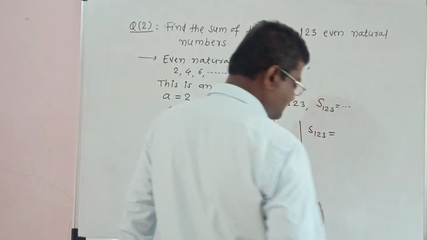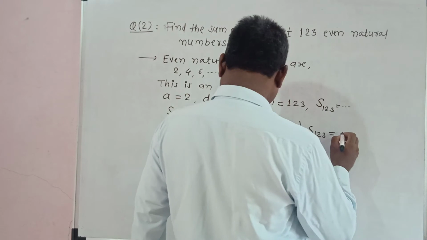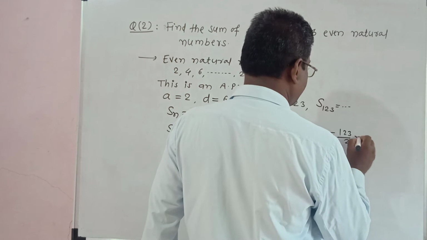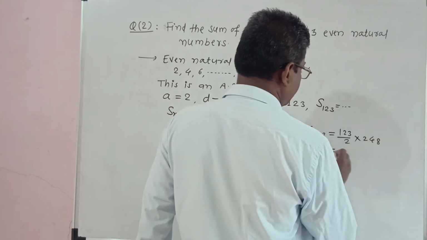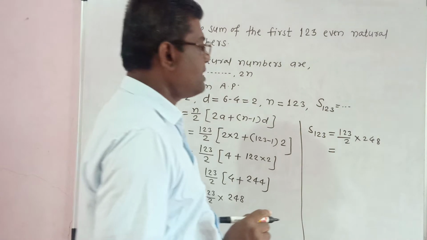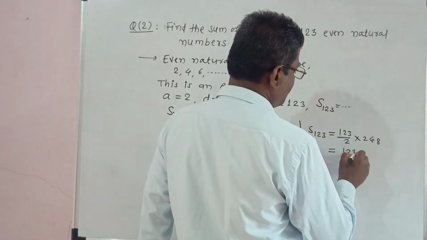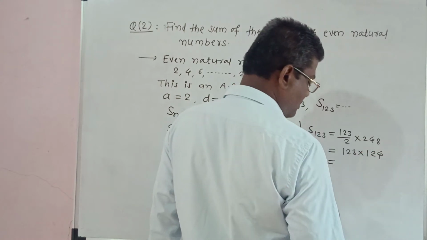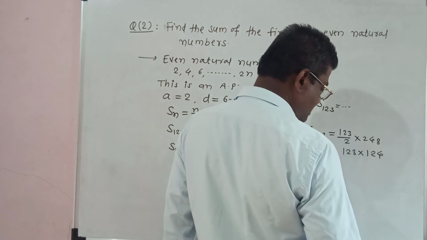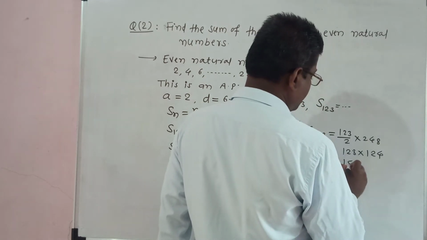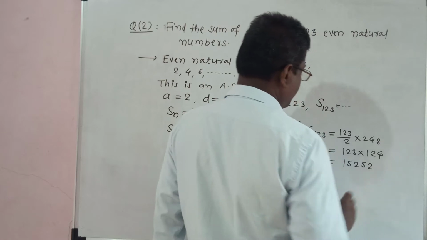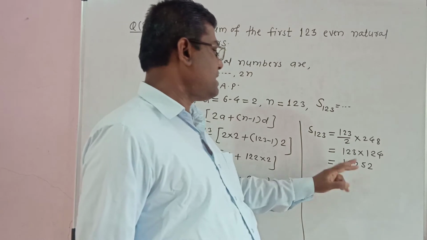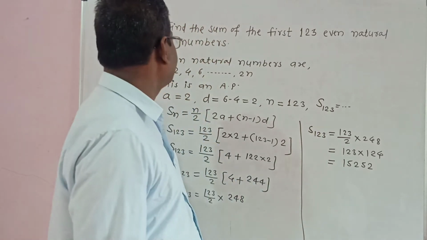S123 is equal to 123 upon 2 into 248. 248 divided by 2, that will be 123 into 124. If we multiply these two terms, 15252 is our answer. 123 into 124, its answer is 15252.